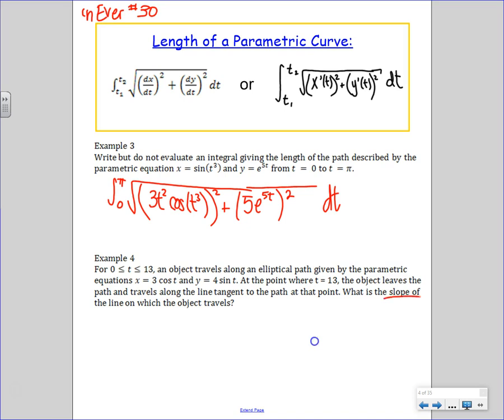Not the line. So what are they asking for? So pretty much the derivative at that point. The slope of the tangent line is just going to be the derivative. They're not caring about how fast it's changing vertically or how fast the distance is changing horizontally. What they care about is where it's headed. Okay, they want the derivative when t equals 13, right?